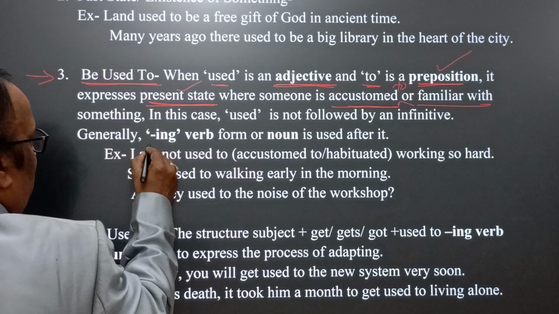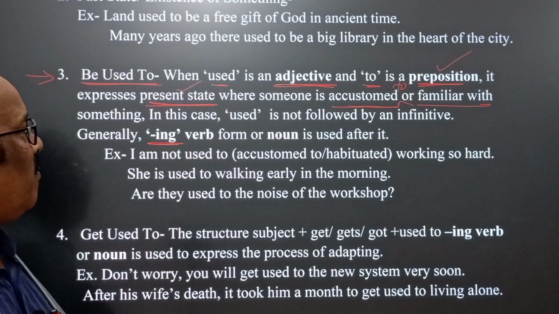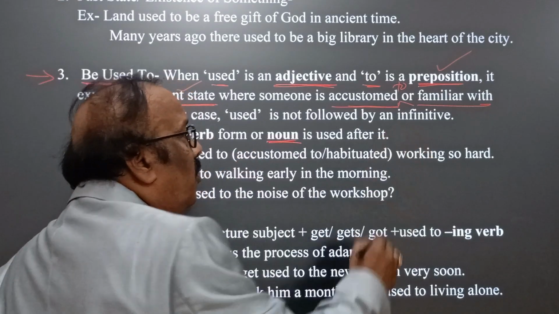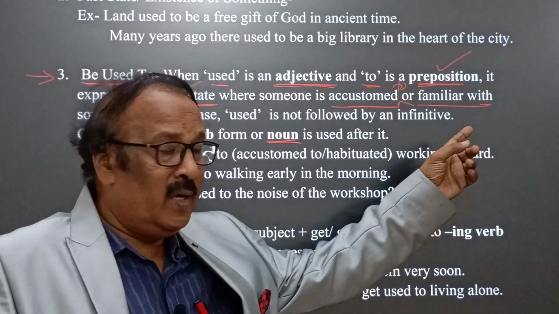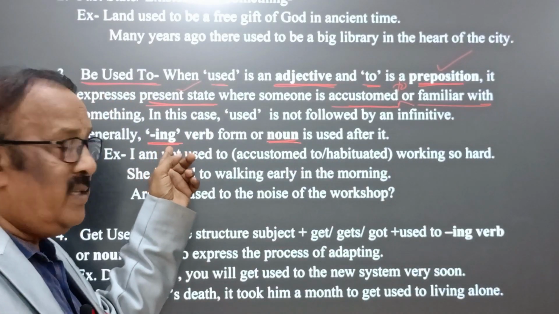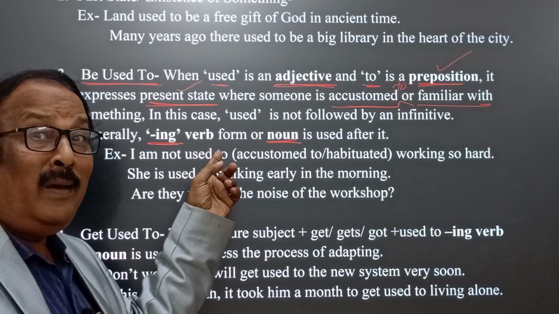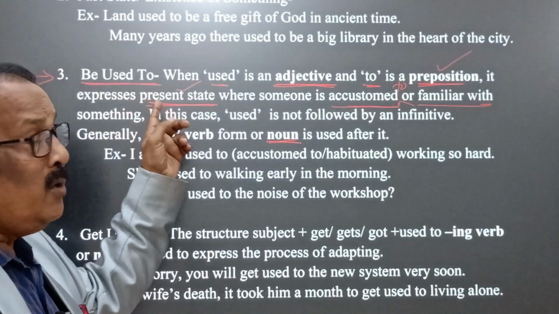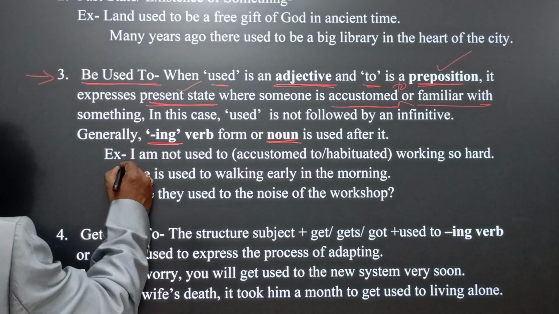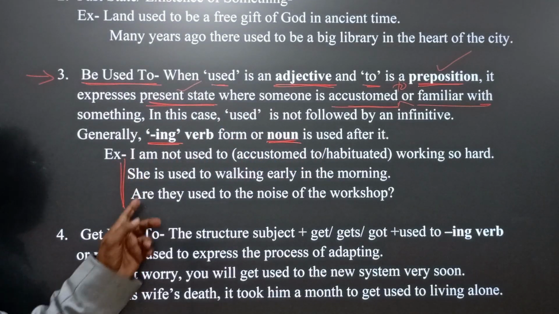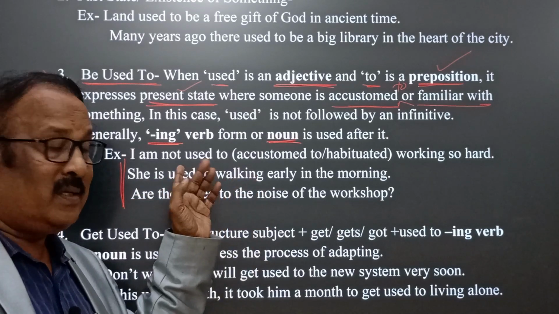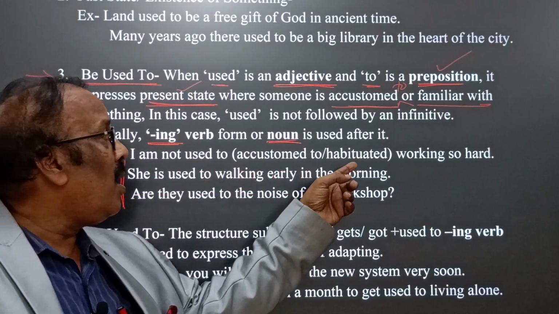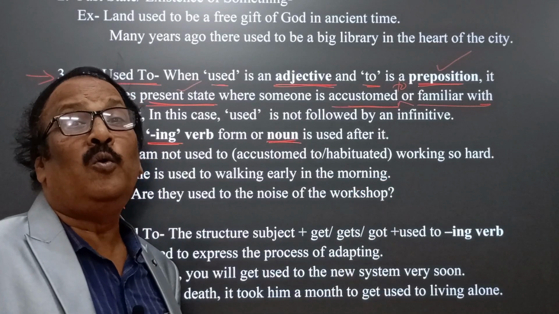Okay, generally we use an ing verb form or a noun, without using a bare infinitive, after be used to. Now see the example: I'm not used to working so hard. It means accustomed or habituated to.